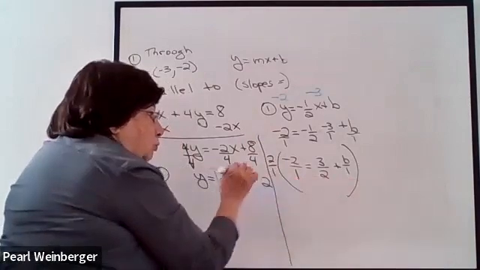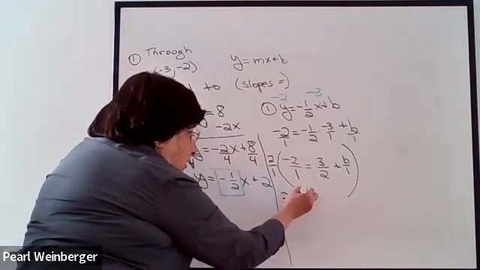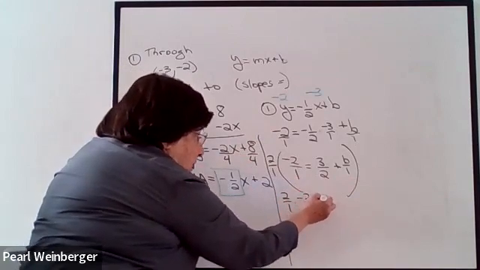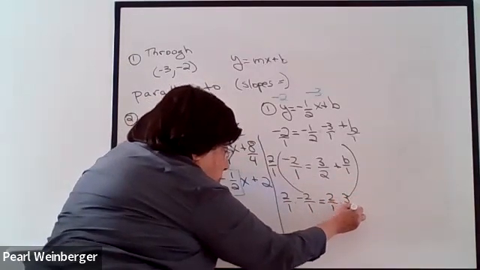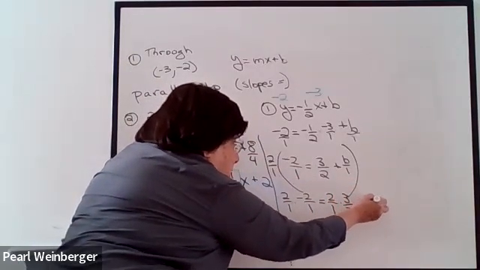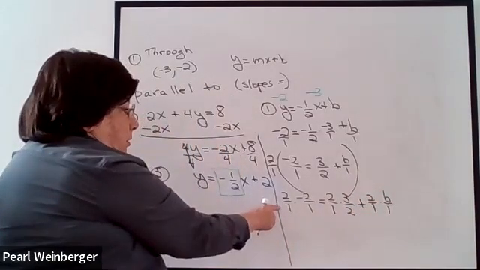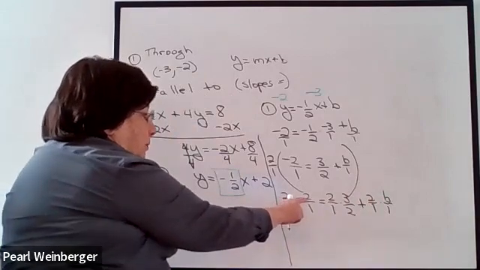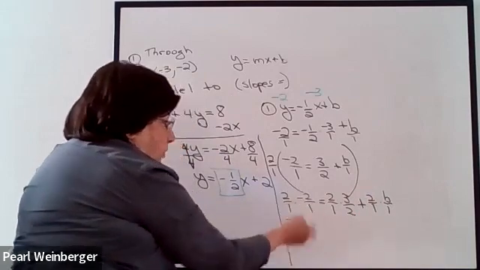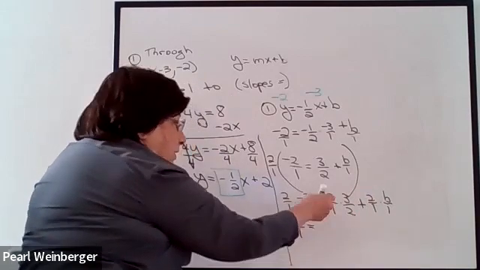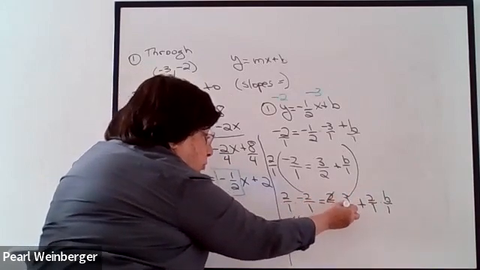Remember, the first thing we do is distribute. So we're going to have 2 over 1 times -2 over 1 equals 2 over 1 times 3 over 2 plus 2 over 1 times b over 1. Okay, so this becomes 2 times -2, which is -4 over 1, because 1 times 1 is 1, equals, now here, there's a 2 in the denominator, but it's canceling with this 2 in the numerator.